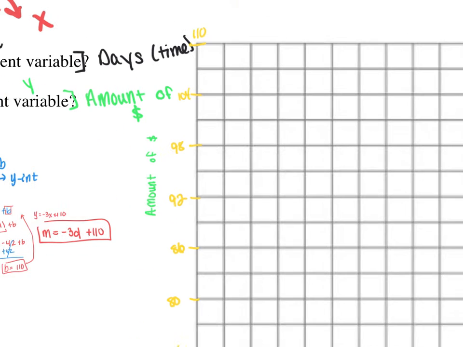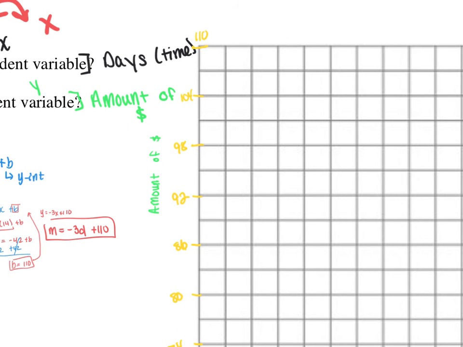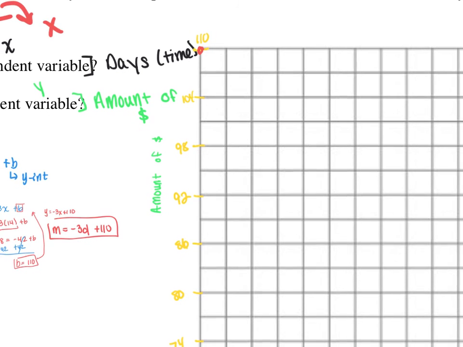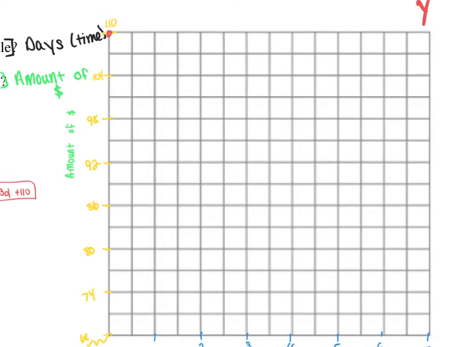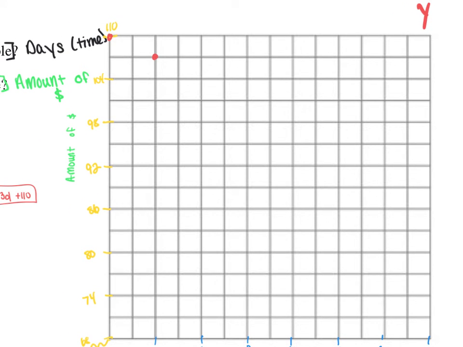So I'm starting at 110 because that's my y-intercept. I'm going to plot that point here at 0, 110, and I'm going to go down 3 over 1. So basically I'm going to go down 1 box over 1 is 2. Down 3 over 1. I'm going to follow that same procedure.